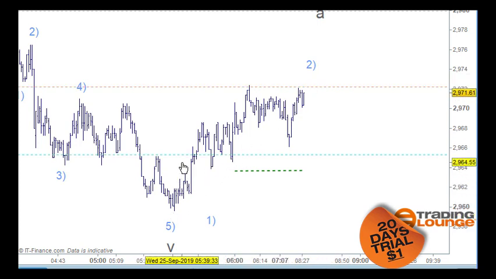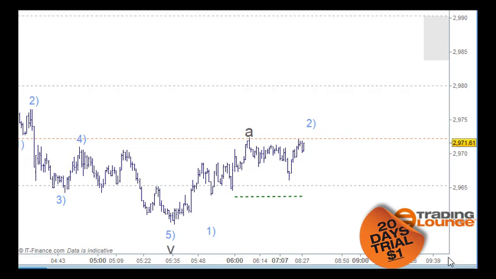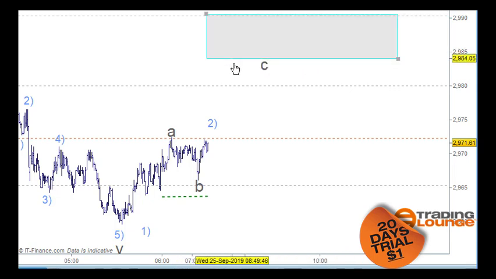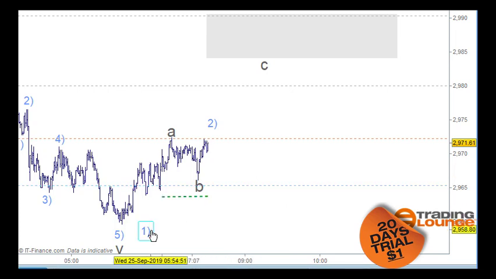So, well, 1 and 2 here, 3, 4, and 5 here. So really, realistically, that could be the A wave here, the B wave here, and the C wave coming up here. So we can bring that back here. And in that case, then I'll just copy this here. Would be wave 1 up here, wave 2 coming back here.